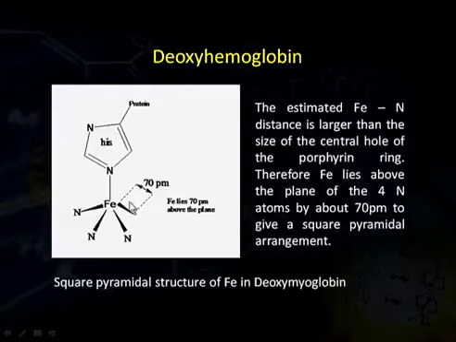Therefore, this iron lies above the plane of the 4 nitrogen atoms by about 70 picometers to give a square pyramidal arrangement. A square is formed by these 4 nitrogens, and since the iron lies above the hole, it makes a pyramid geometry, therefore this is a square pyramidal geometry.